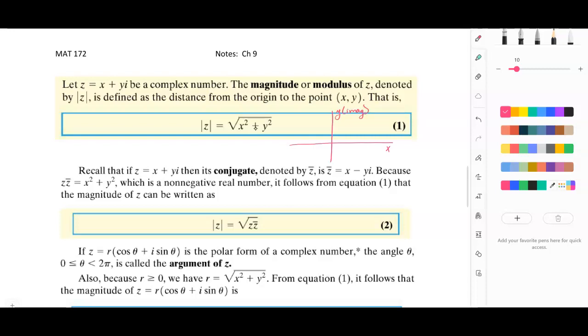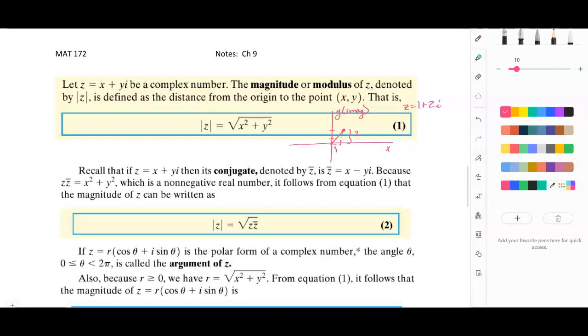If I have a point, maybe it's 1 plus 2i, it would look like this. So I'm moving along the x 1, now moving along this imaginary axis, which is kind of like my y-axis, 2 units. The distance from the origin to that point would be really that hypotenuse length here.